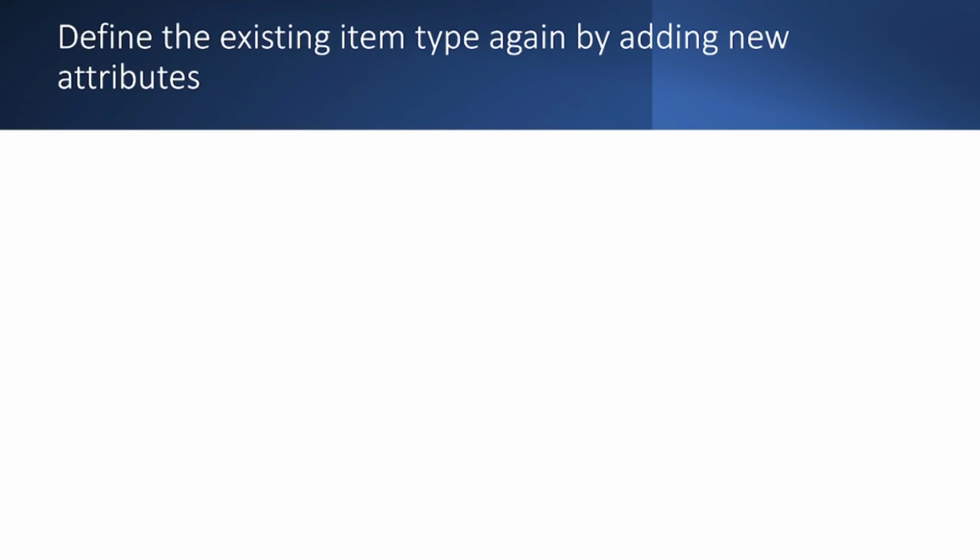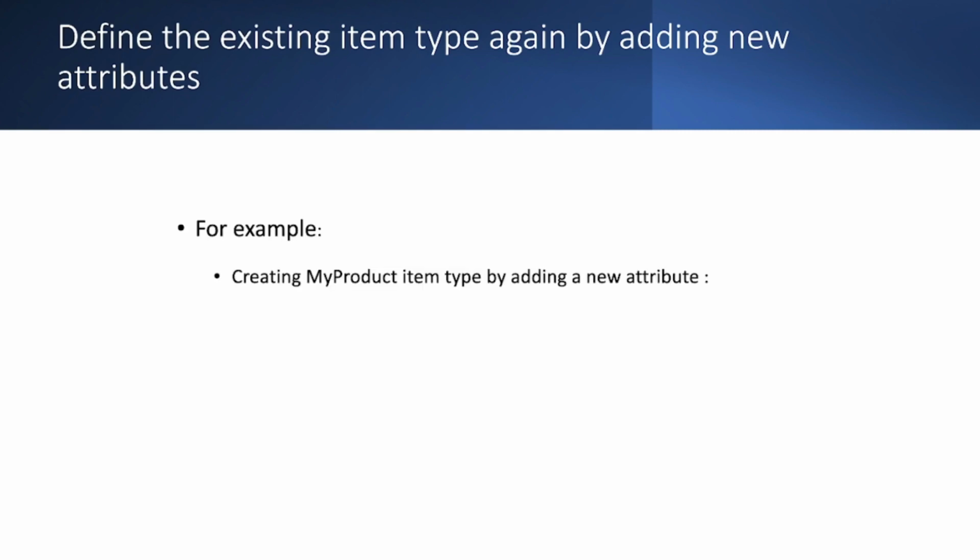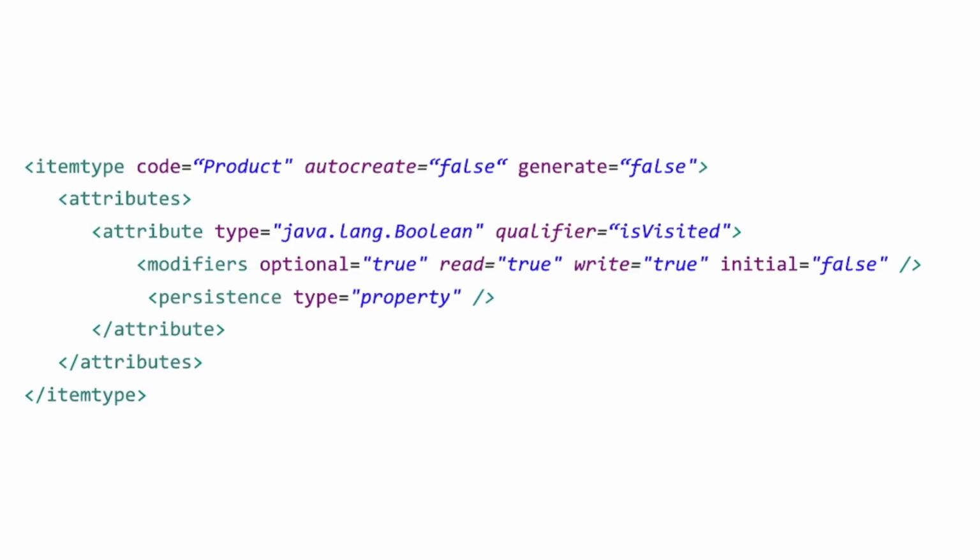Third one is defining the existing item type again by adding a new attribute. So here one requirement is there: the product model is already there, and I want to add a new attribute in that model only, that item type only. I don't want to create a new item type.